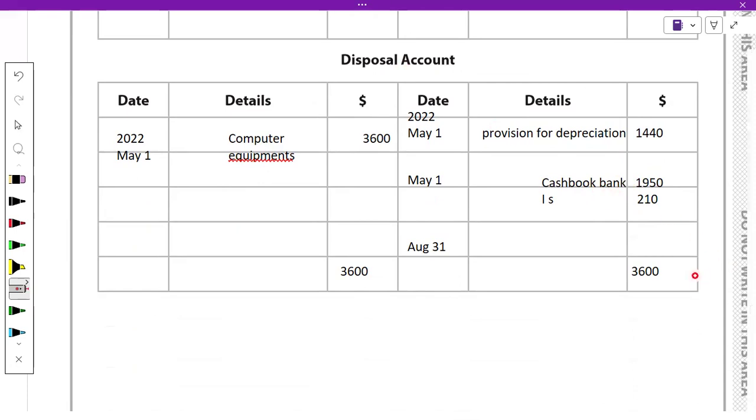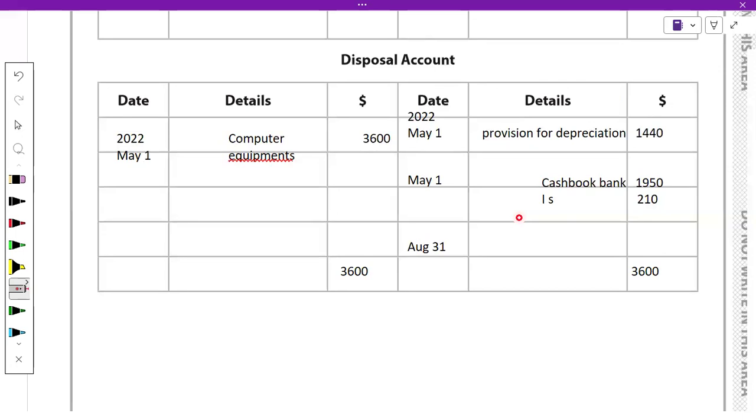And now we have to find out whether we have earned or made a loss on disposal, because we also have to debit the income statement. If we have a loss on disposal, we will debit the income statement and credit the disposal account, and if we earned on disposal, we will credit the income statement and debit the disposal account.